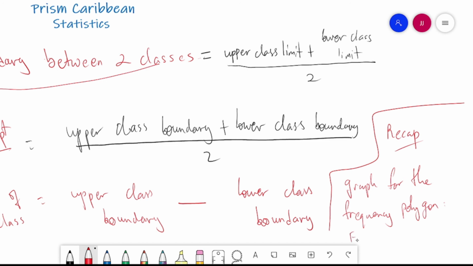The frequency goes on the y-axis and the class midpoint goes on the x-axis. And that's pretty much it.